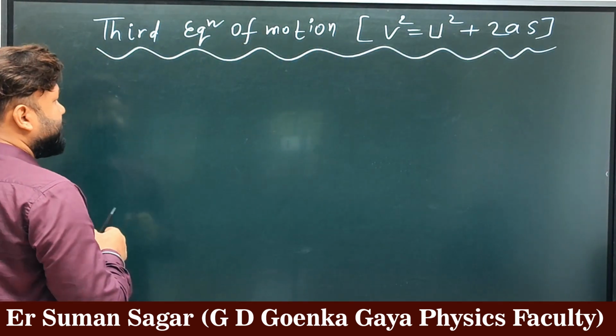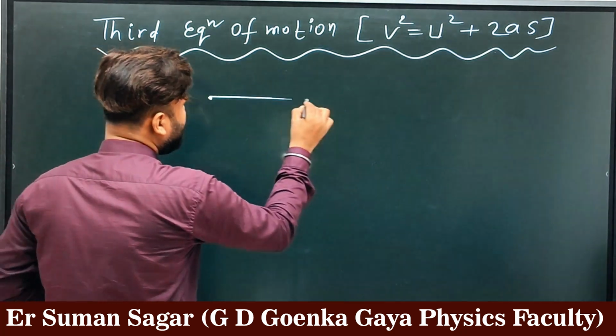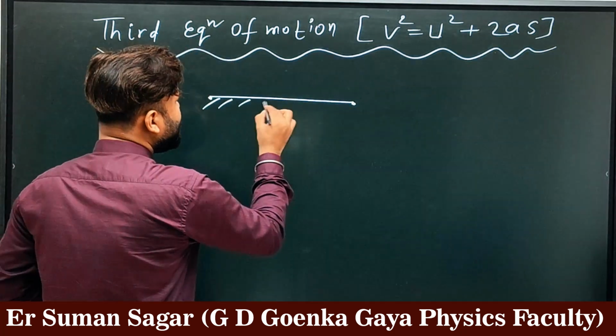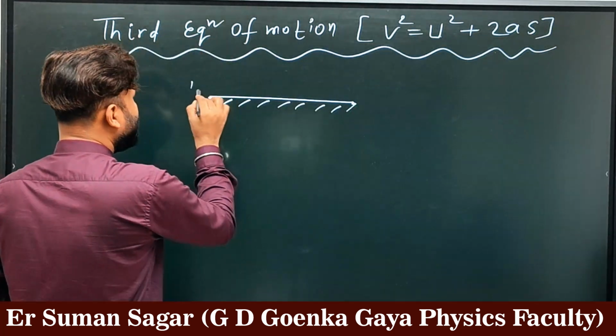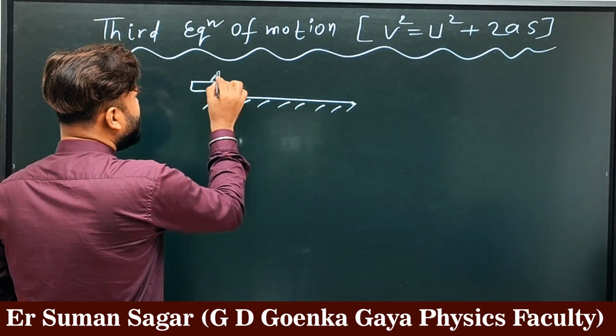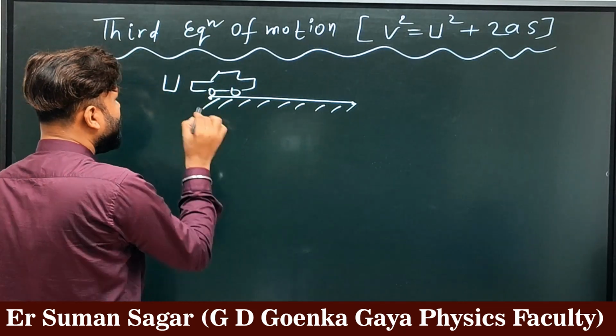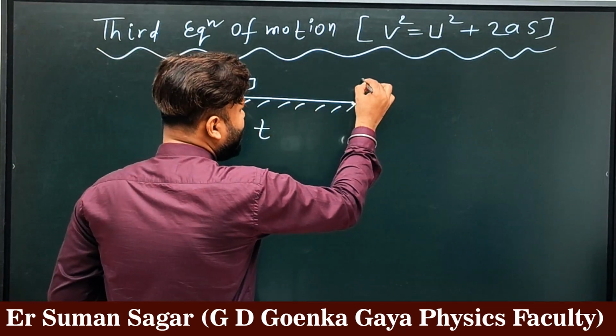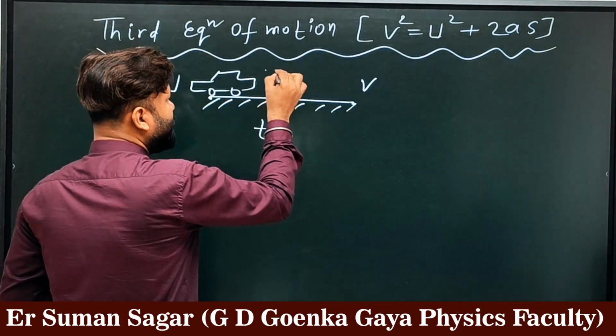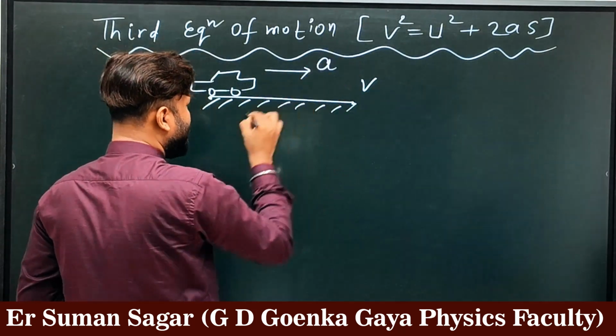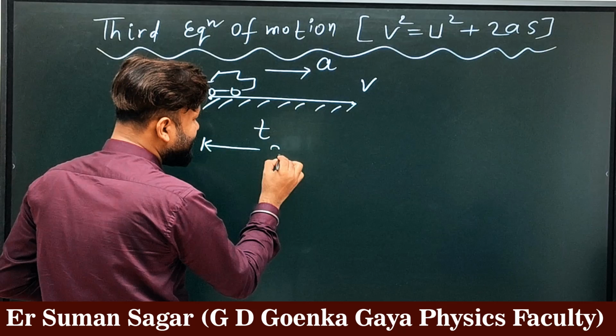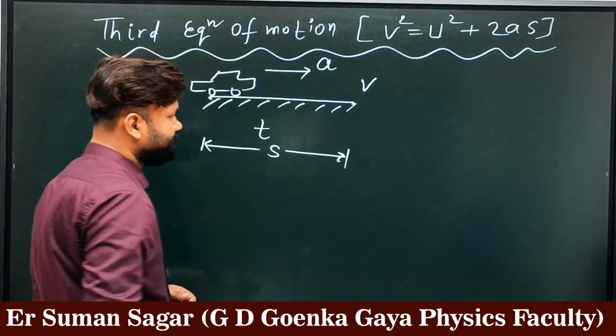Let's start. Suppose a car is moving with initial velocity u. After time t, final velocity of car becomes v, and uniform acceleration of car is a. Car cover a distance s in time t.